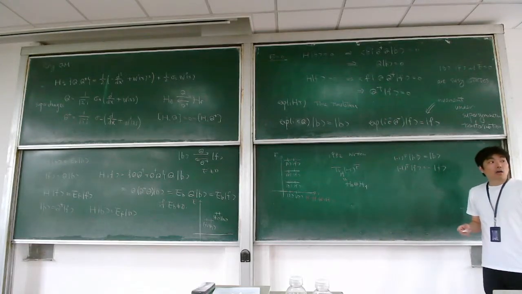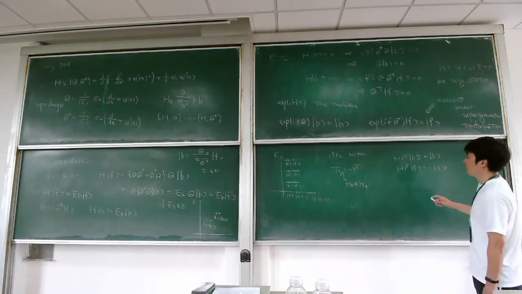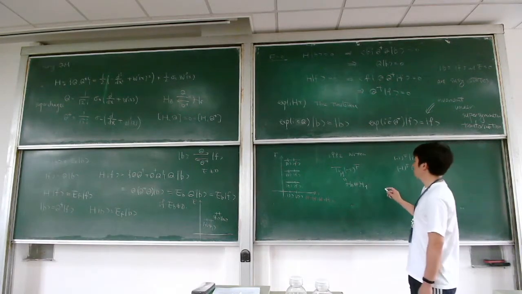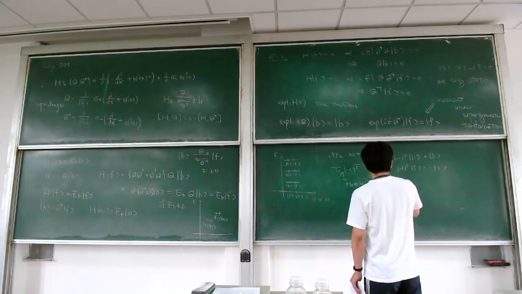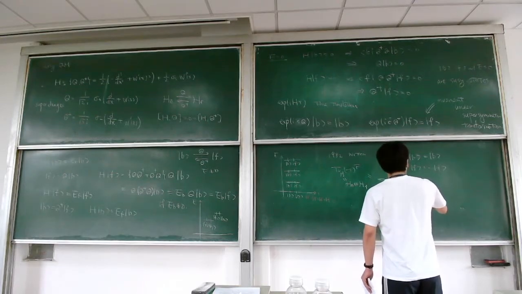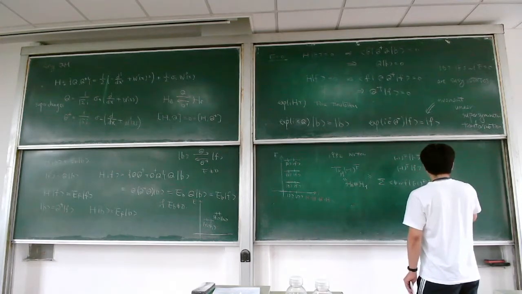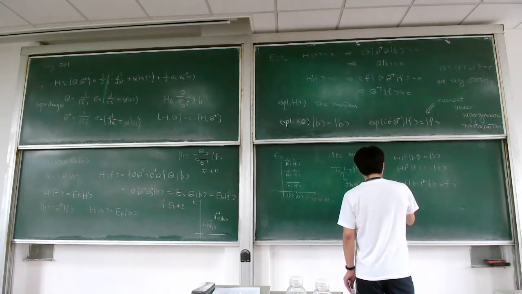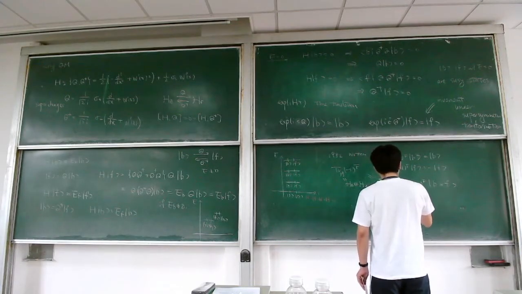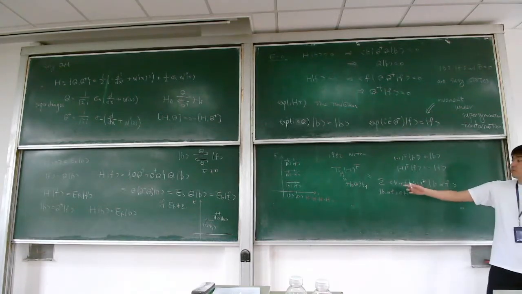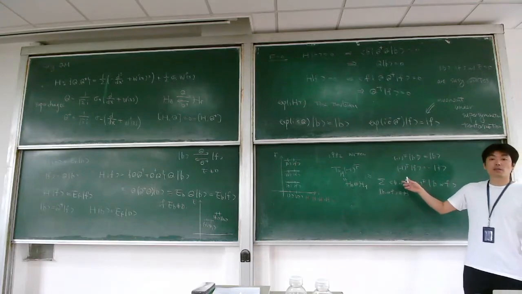The trace means you just sandwich by states and sum over all states. So you just count by sign: if it is a boson, you get the plus sign; if it is a fermion, you get the minus sign.